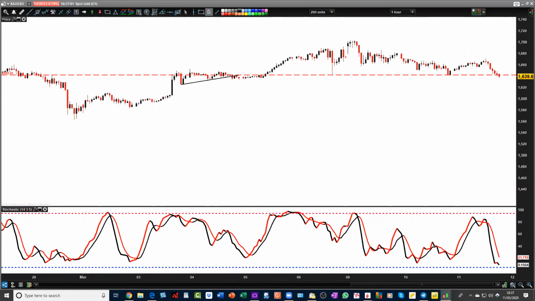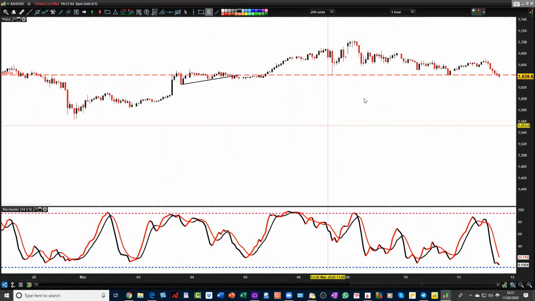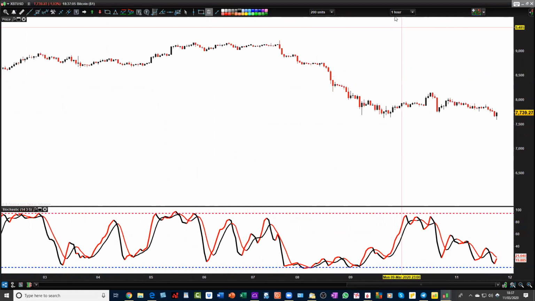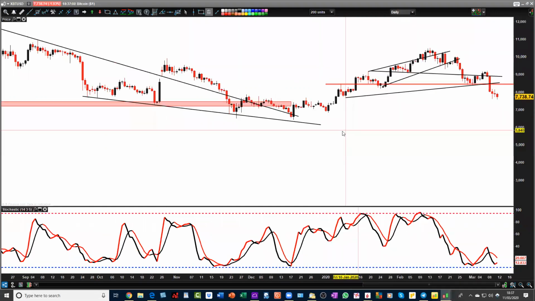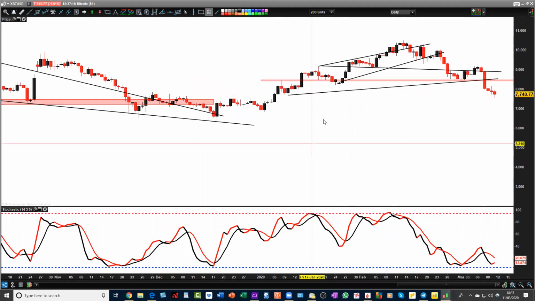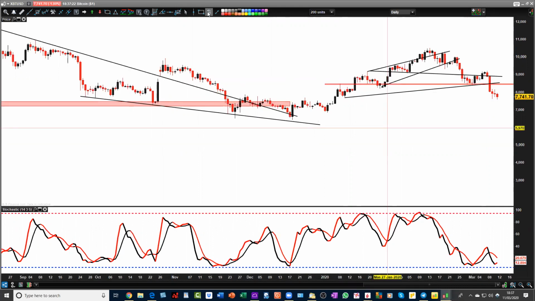Okay, let's have a quick look at Bitcoin as well, in case anybody's into Bitcoin. I talked about Bitcoin falling over last week, definitely. So we pushed up last Friday, did a last little bounce, and we are subsequently looking lower.